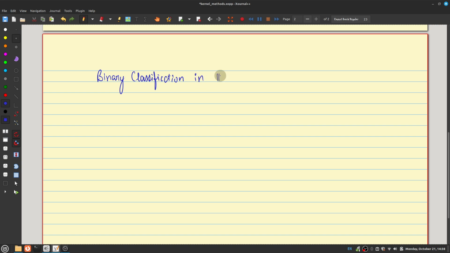So the input space is going to be R^d, and for convenience, I'll assume that the label set is {1, -1}. I'll sometimes go back and forth between 0 and 1 or plus 1 and minus 1, depending on how things go.